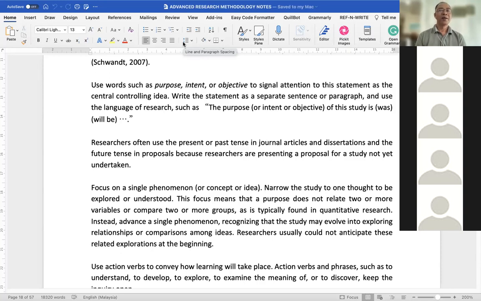However, in qualitative research, there is no prior theory. There is no prior theoretical framework, right?